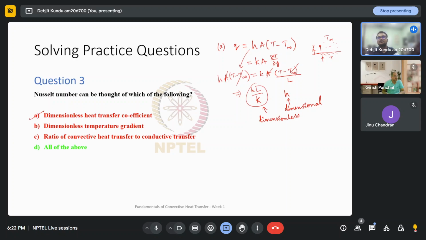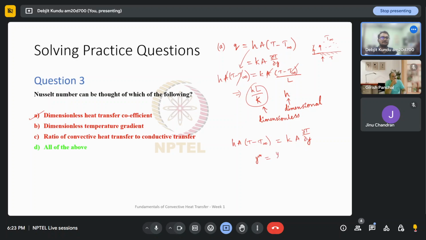So there goes one. Now let's take a look at two, dimensionless temperature gradient. So let's non-dimensionalize this problem, where we have something like HA into T minus T infinity divided by K A into dou T by dou Y. Now what we will do is first non-dimensionalize the length scale.